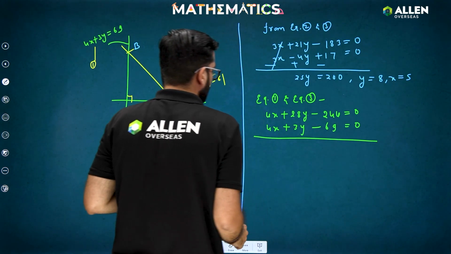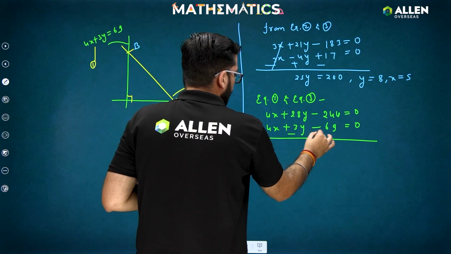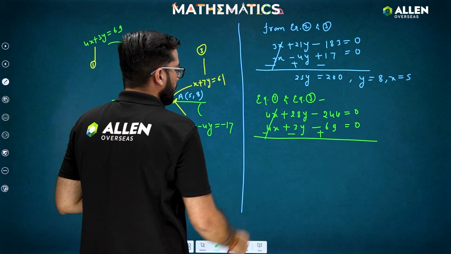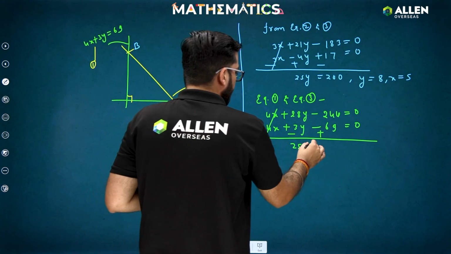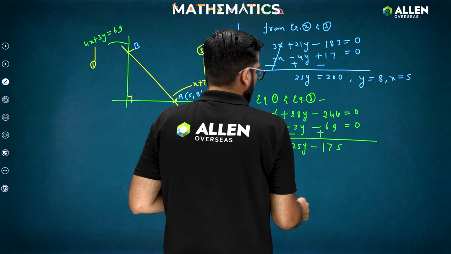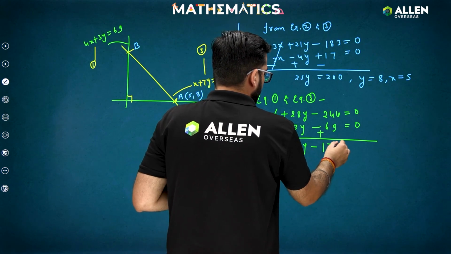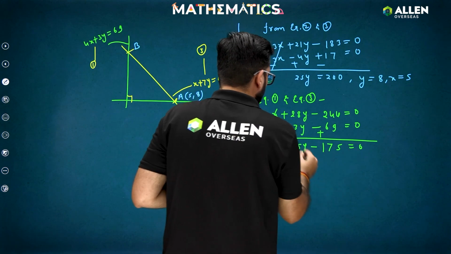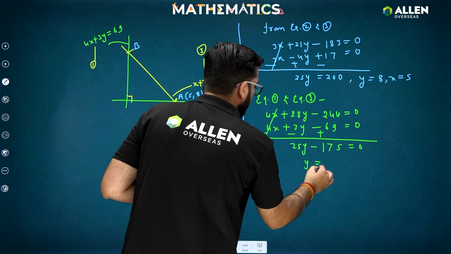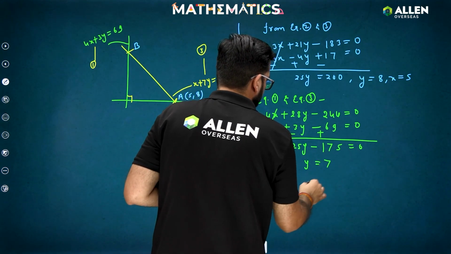You can subtract these two, so this one is cancelled. Again you have 25y, and now you have 175. So y would be 7.